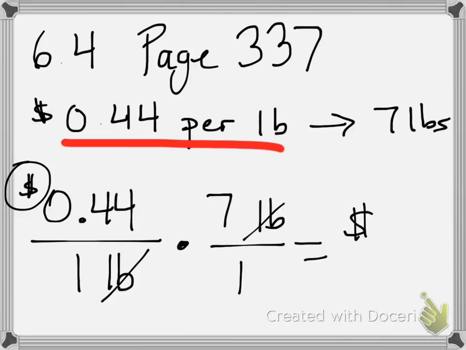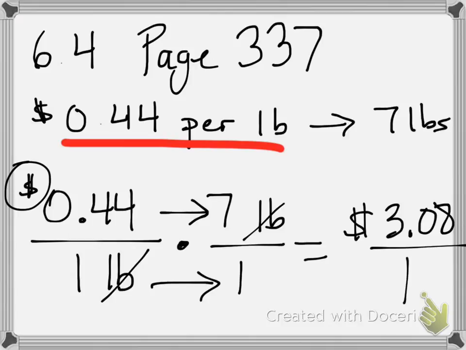All right, so if we multiply going straight across, and I'm okay if you're using a calculator for these, as long as you understand how to multiply using decimals, 44 cents times 7 gives you $3.08, and that's going to be 1 times 1 over 1, so really we don't need that last part. So it's just going to be $3.08 for 7 pounds.